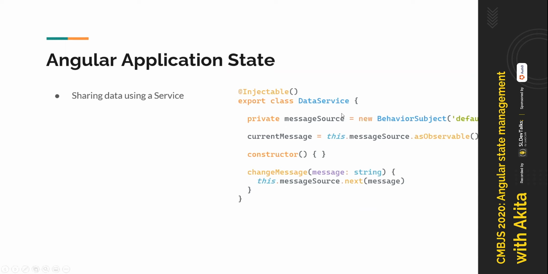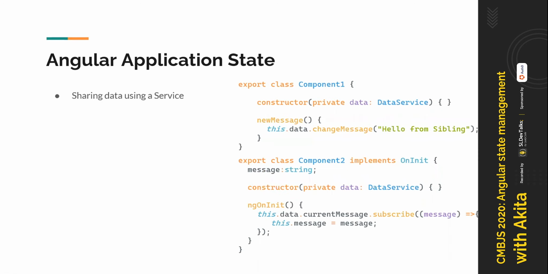For example, we can have a small service called data service and a behavior subject called message source. Then we'll have an observable called current message. In a small function called change message, we are getting a parameter called message, and we'll be updating the current message observable in that. We can inject that service into a component.